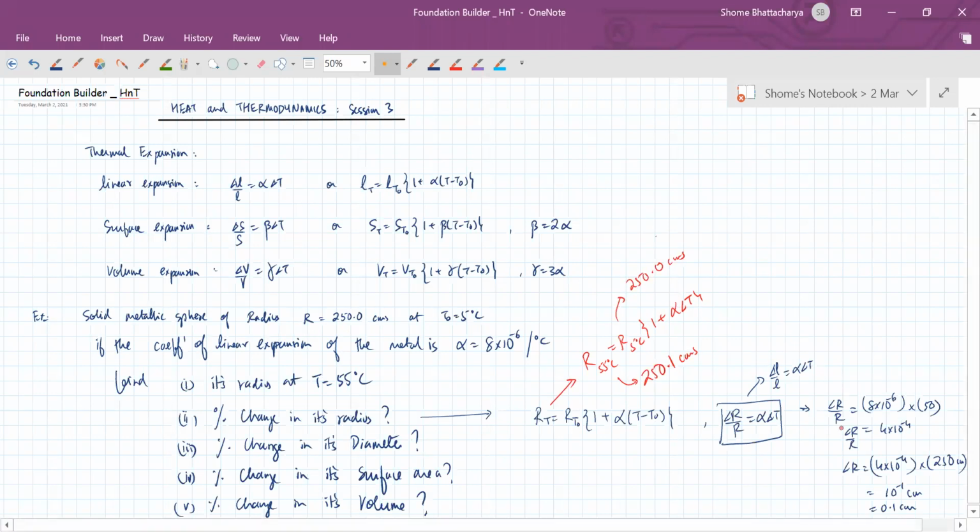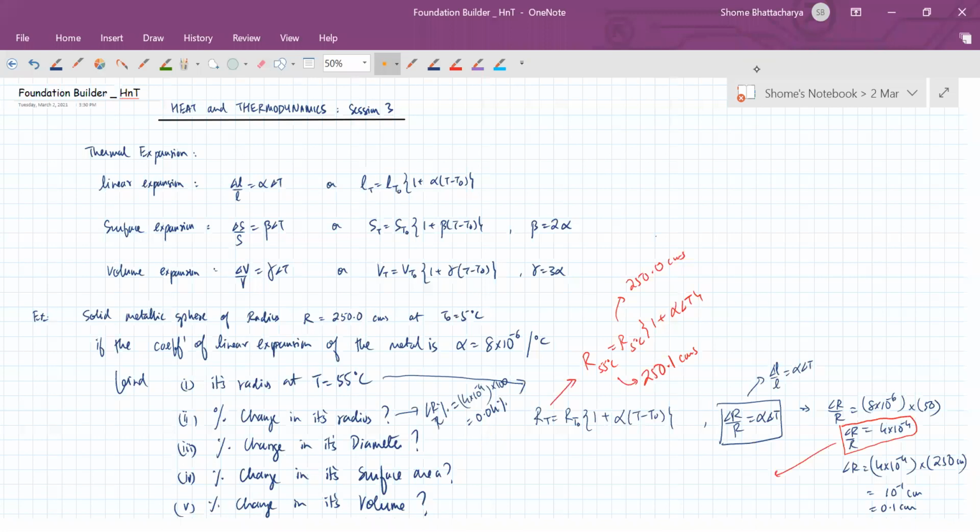Also from this we can see the percentage change in radius, the second part. So this is 0.04%. Yes, very good, Kunj. That's correct.